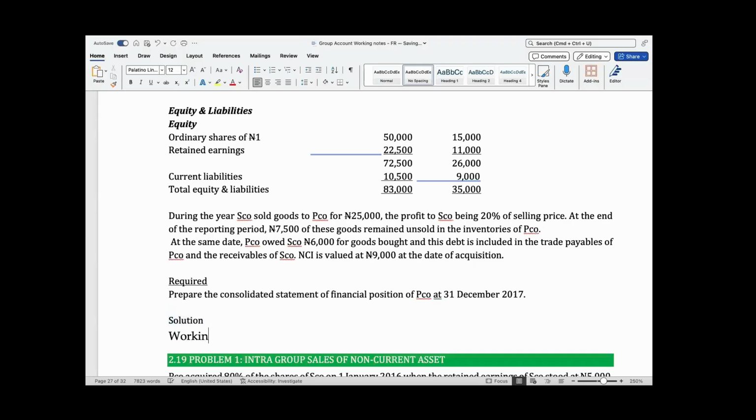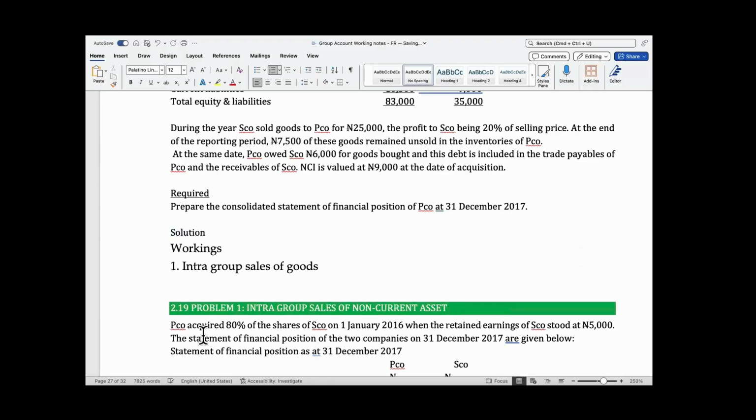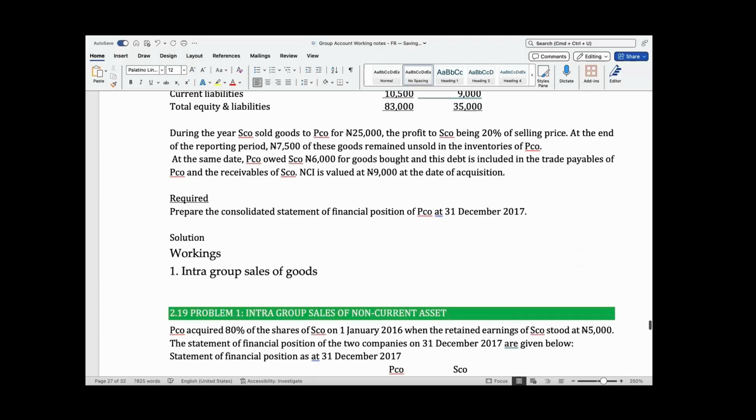So number one is that there is intra-group sales of goods, ESCO sold to Pico. My concern is the unrealized profits.